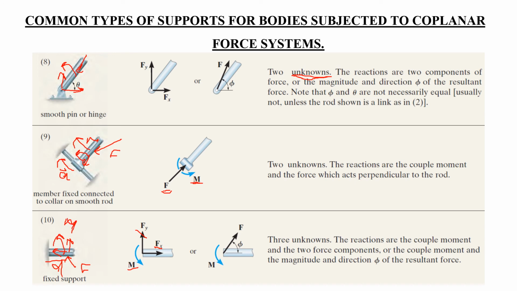So this moment will be resisted by a reaction moment here. This force will be resisted by reaction force at y, and this force will be reacted by this force x. So now it will have three unknowns.